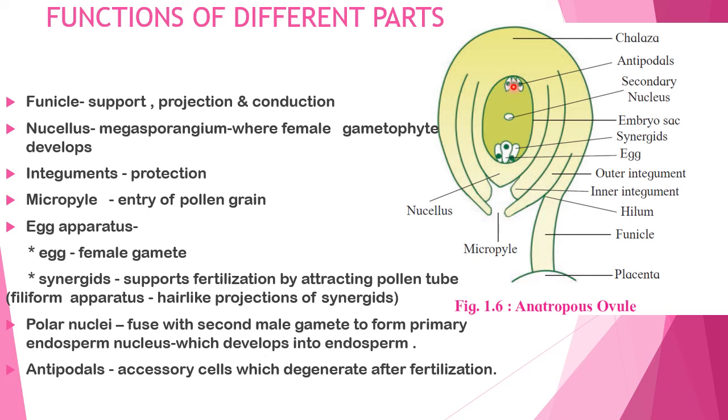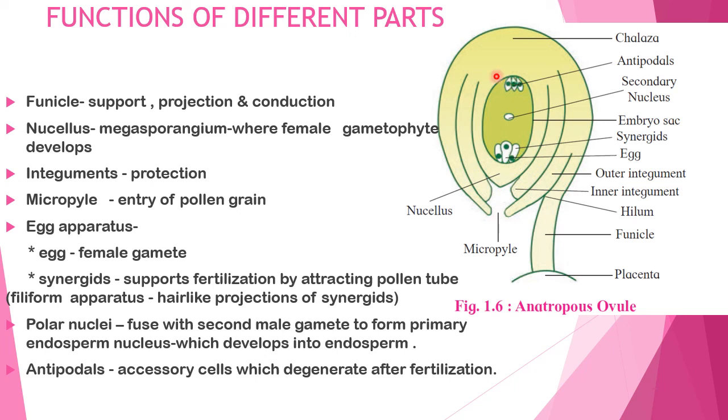So that is the structure of the anatropous ovule and the development of the female gametophyte. Now compare microsporogenesis and megasporogenesis. In microsporogenesis all four cells become microspores, undergo meiosis, and all four further form the male gametes.